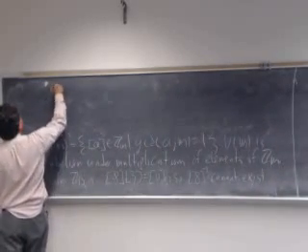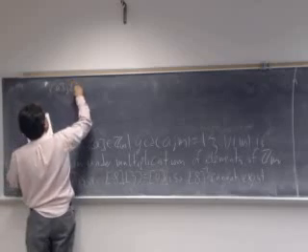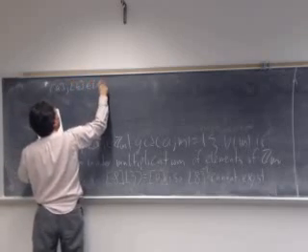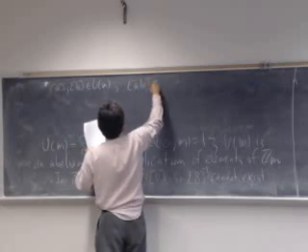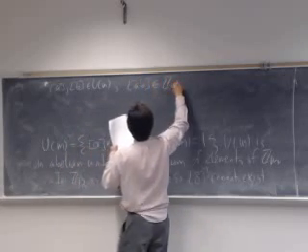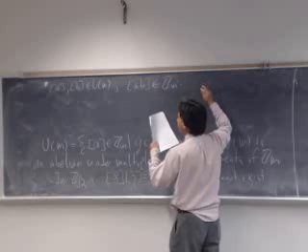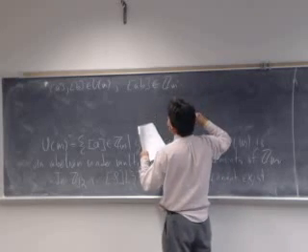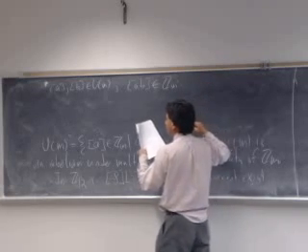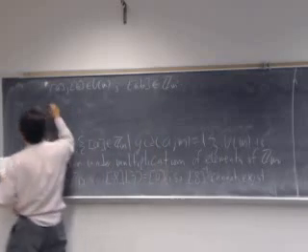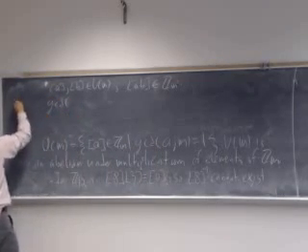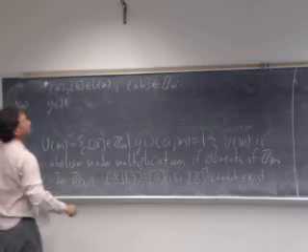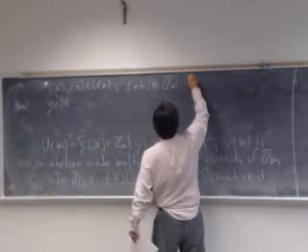Let's show closure. If A and B are in UM, then AB is certainly in ZM, but is it in UM? What's the membership criterion to be in UM?